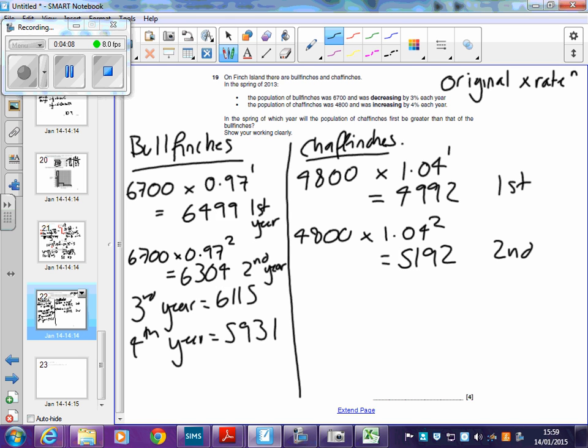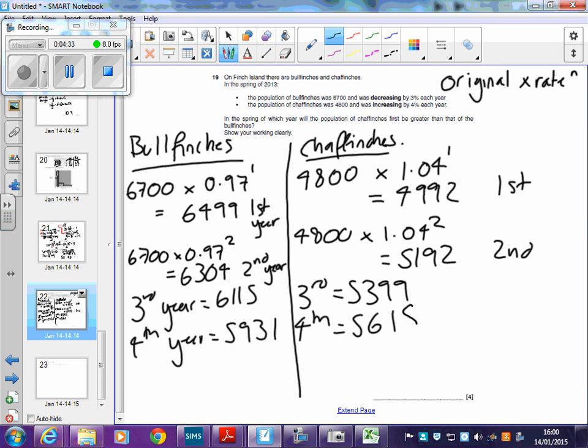I'm going to stop writing down the full formula and just stick it in my calculator. After the third year, I get 5399. It's still not bigger. And after the fourth year, I change it to 4 and get 5615. We can see that it's getting close, but it's not quite there yet.